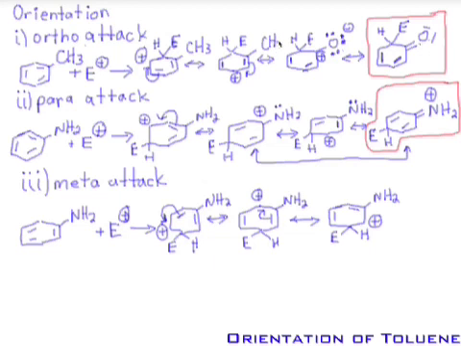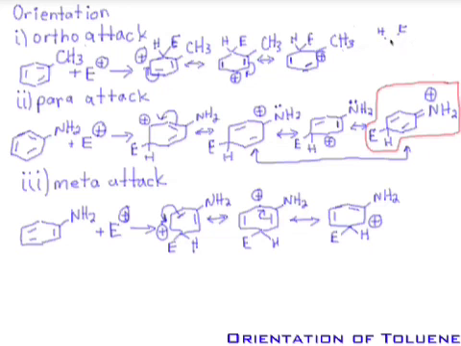There's no pi bonds, lone pairs of electrons on methyl to dump in when the positive charge is next door to methyl. I lose this structure. I lose the structure labeled red.